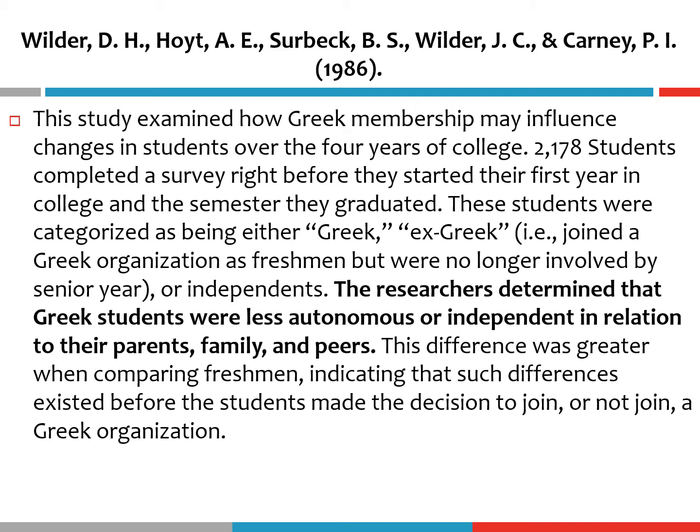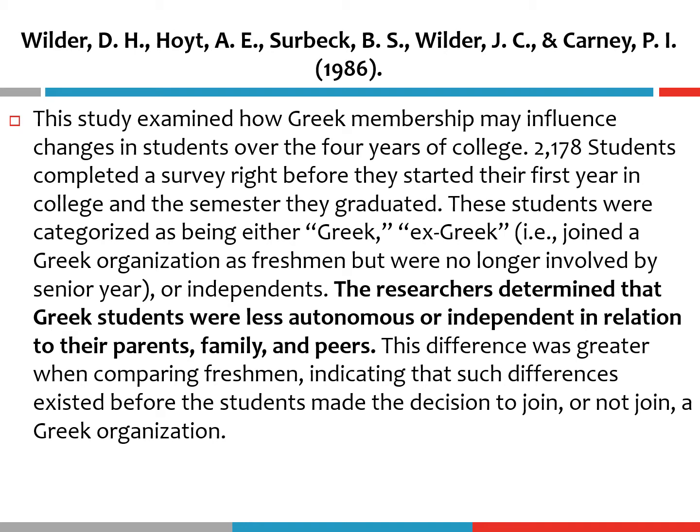And they found that the students who were involved in Greek organizations consistently tended to be less independent, okay, relative to, for example, their parents. So they also assessed their parents on these variables and other family members as well as their peers.